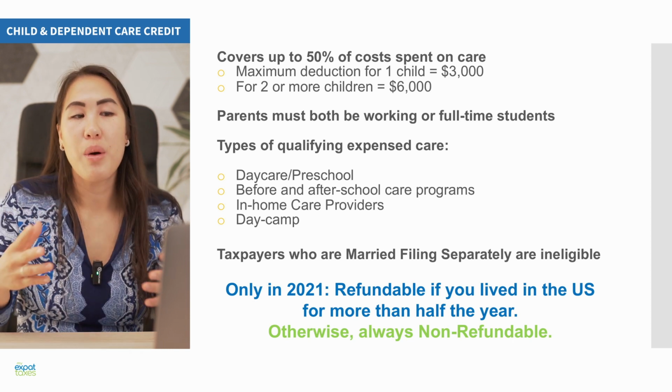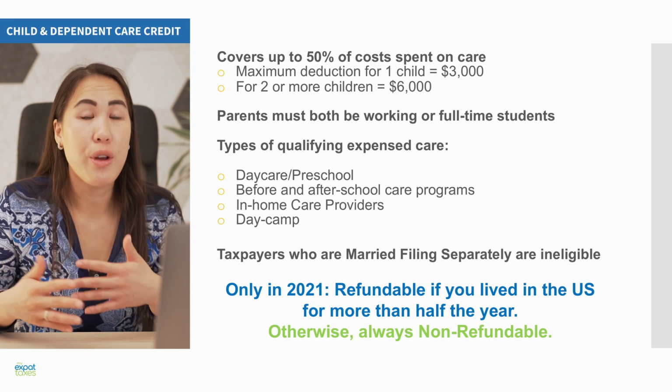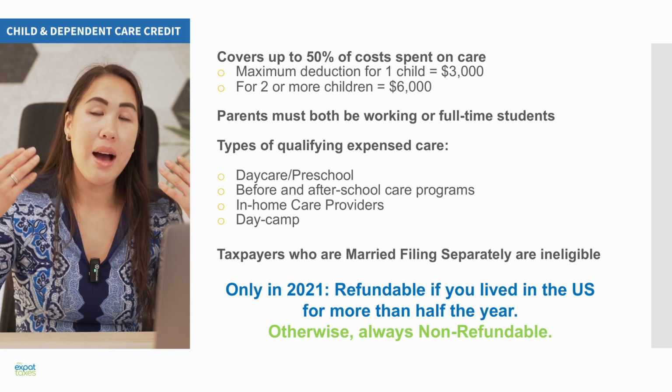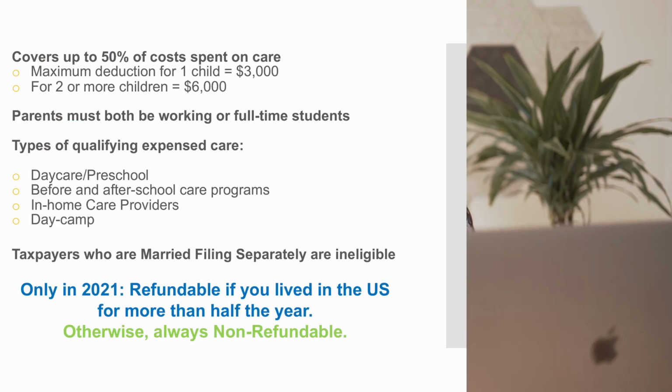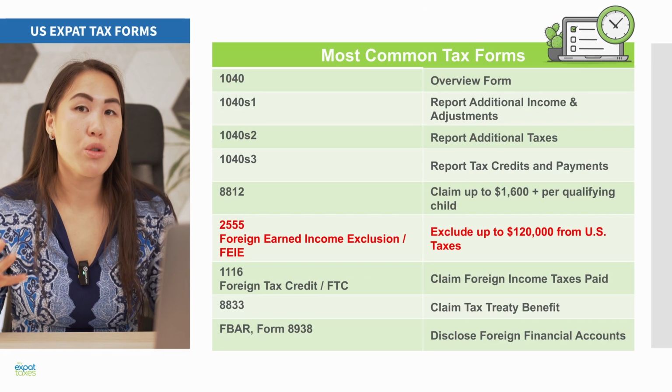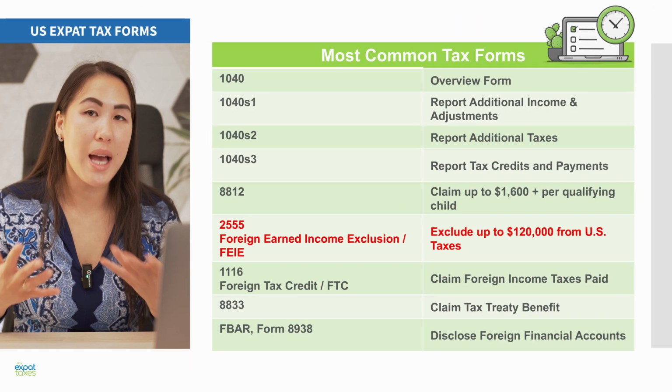Depending on how many children you have, you can claim up to $6,000 as childcare expenses, and that can be a tax deduction on your U.S. tax return.